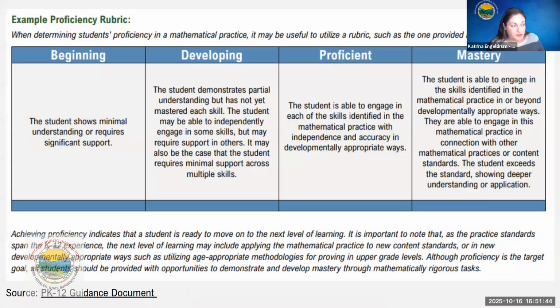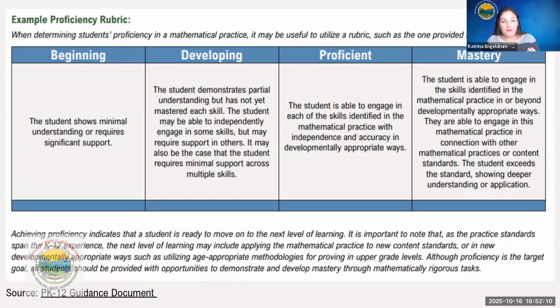So here's some examples of what you might do. This is in the K-12 document. This is very generalized, not specific to any one math practice, but it just gives you an idea. Some schools might choose to make rubrics. So this is what a rubric might look like, especially if you're using a proficiency model. You might say, okay, beginning students are going to need a lot of support.